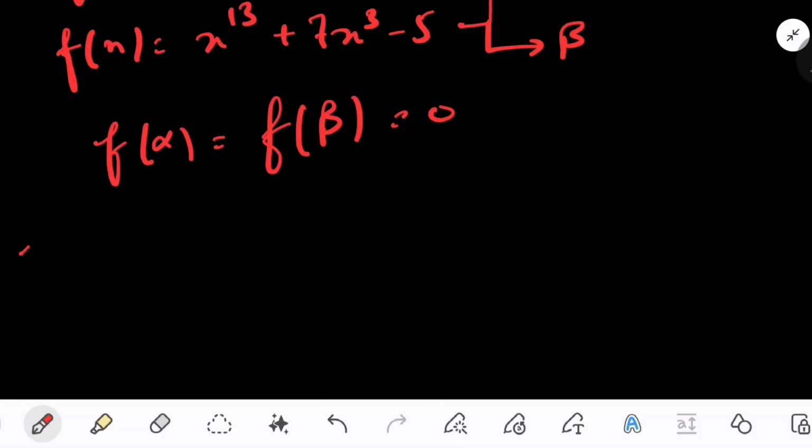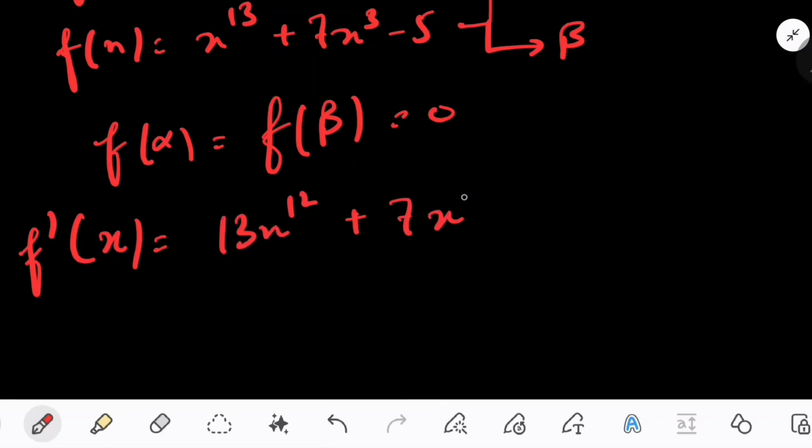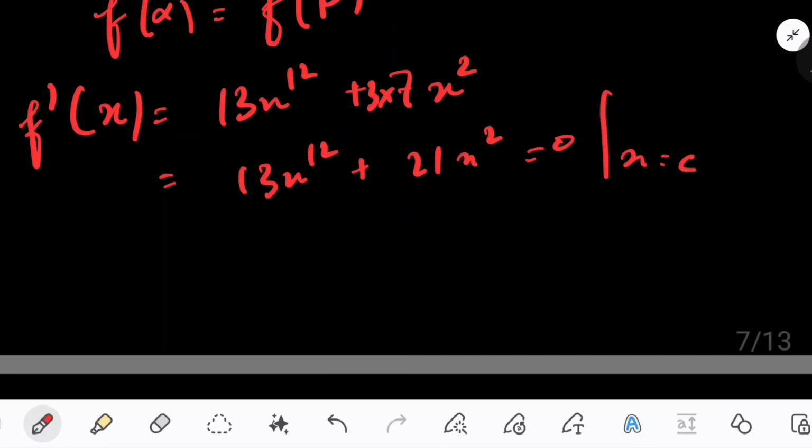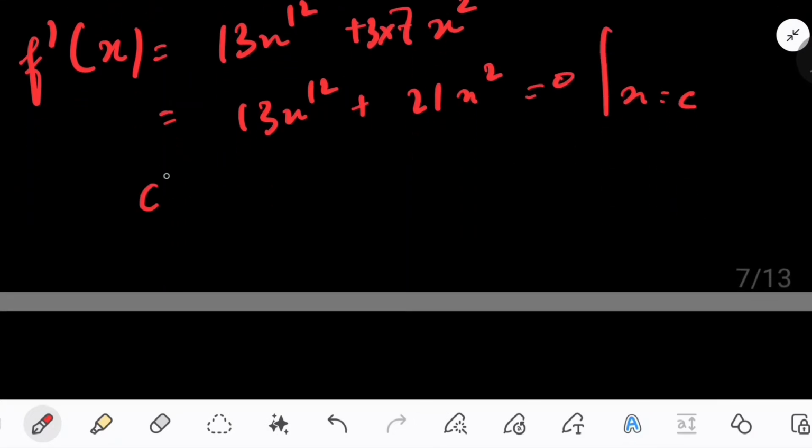Just differentiate this expression. f dash at x is equal to 13x to the power 12 plus 7x squared into 3, right? So you get 13x to the power 12 plus 21x squared. It must be equal to 0 at x is equal to c. And you get c squared common.